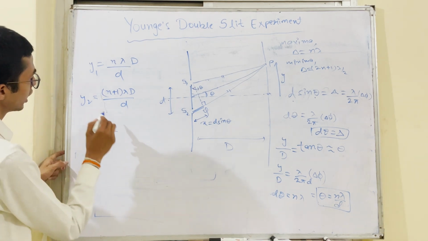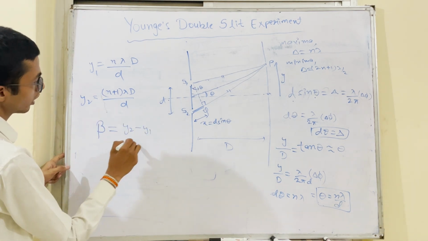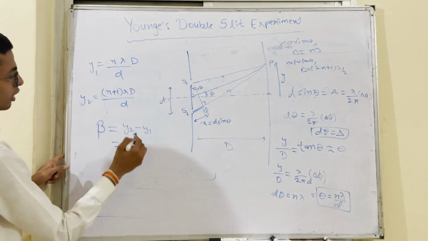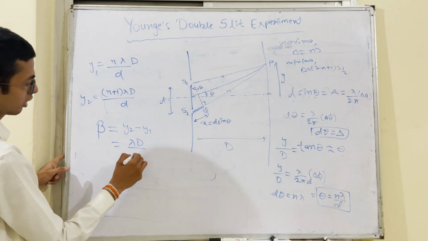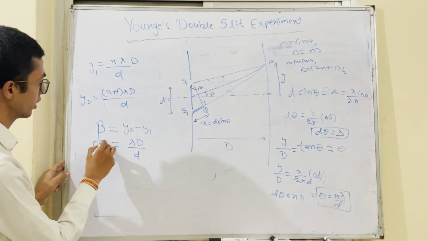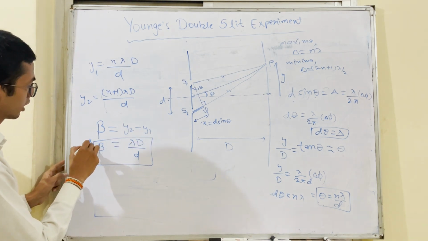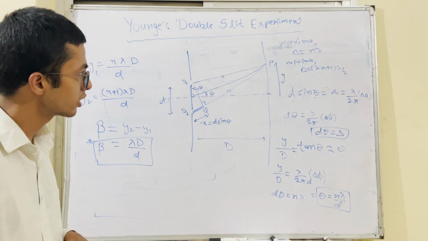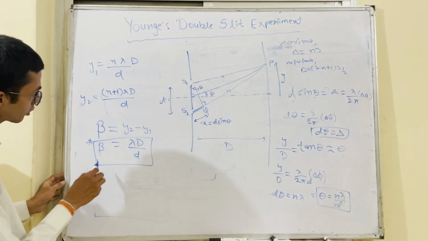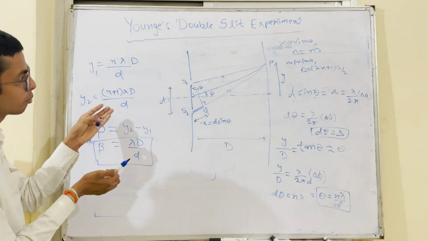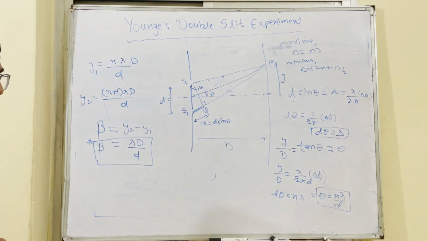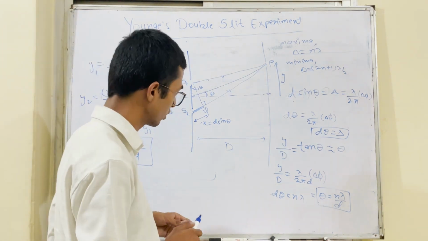Beta equals n plus 1 lambda D by d minus n lambda D by d, which comes as lambda D by d. Correct? This is fringe width. Very important formula, you can remember this. It is very useful for JEE Advanced and JEE Mains also. If you find it using the minima formula for dark fringes, it will also come the same. You can perform that on your own also.